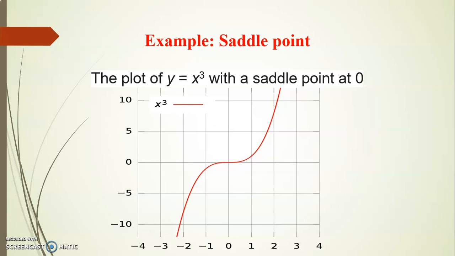So, its derivative at x is equal to 0 becomes 0, and at x is equal to 0, the curve attains neither local maximum nor local minimum. So, x is equal to 0 is a saddle point for the function y is equal to x cube.